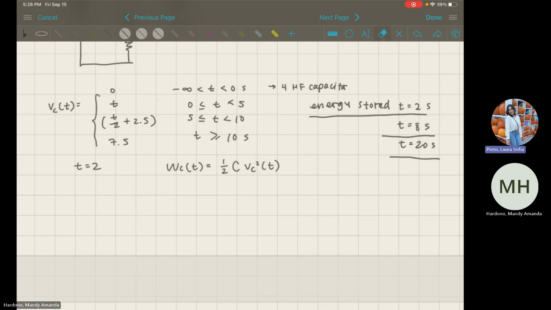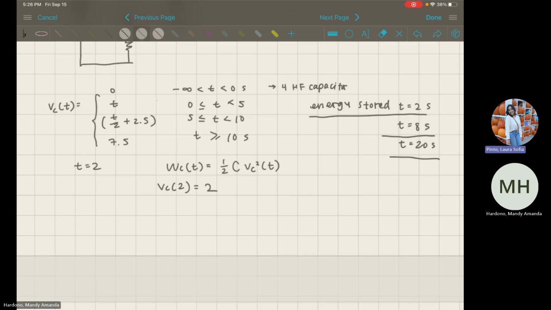Now that we have that equation, how can we find the energy stored at t equals 2? Find VC first, then VC squared. VC at 2 is equal to 2, right? Yes.